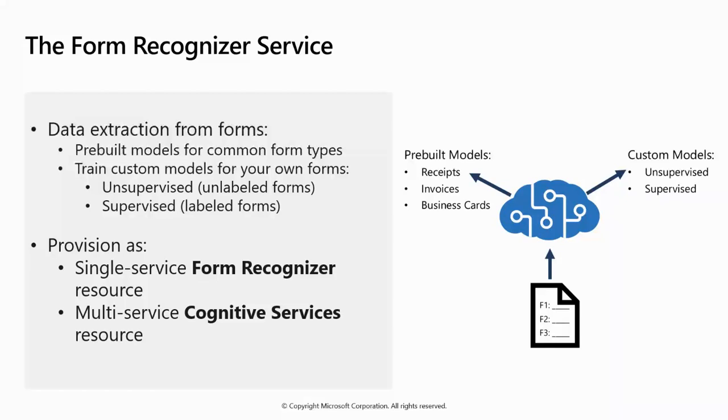Now, Form Recognizer is one of many cloud-based artificial intelligence services with REST APIs and client library SDKs for incorporating intelligence into your application, guys. This Form Recognizer extracts text, key-value pairs, selection marks, and tables from documents using optical character recognition and deep learning models.